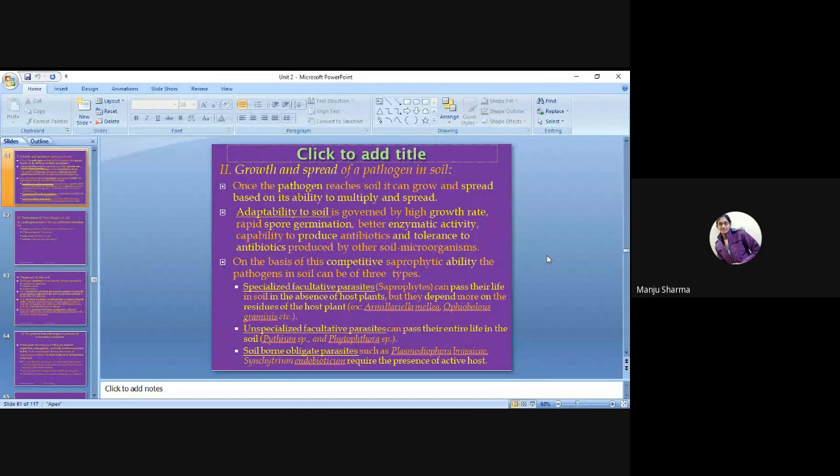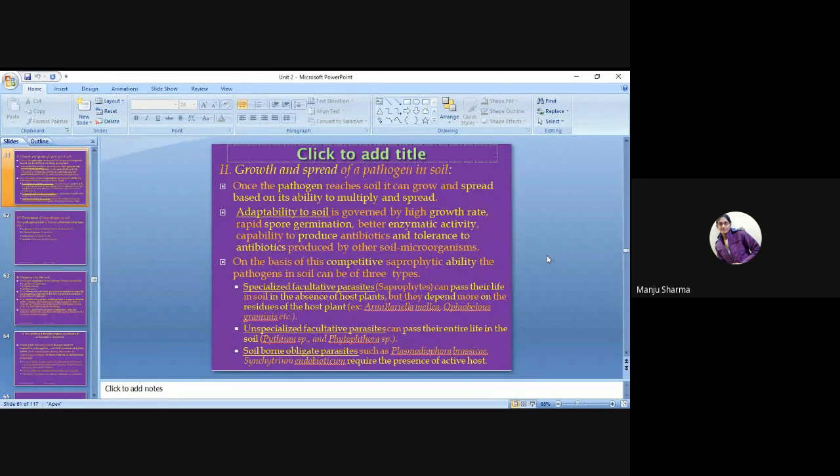So, on the basis of this competitive saprophytic ability, the pathogen in soil can be of three types. One is specialized facultative parasite.